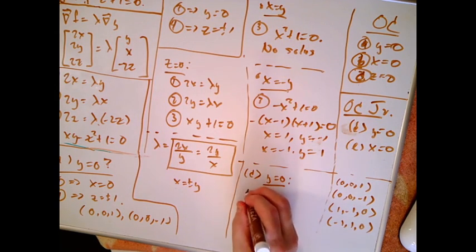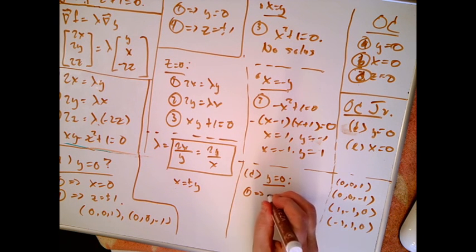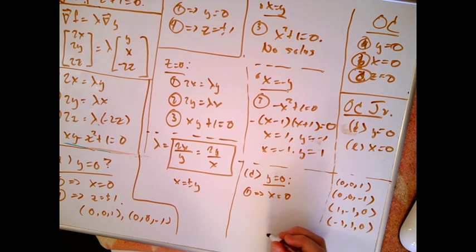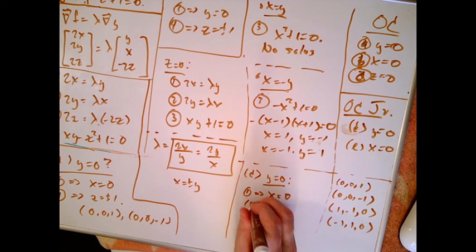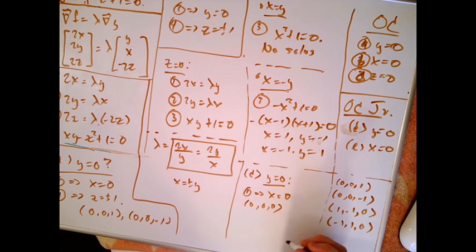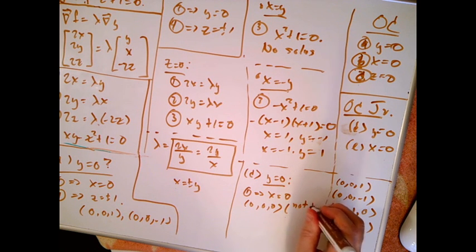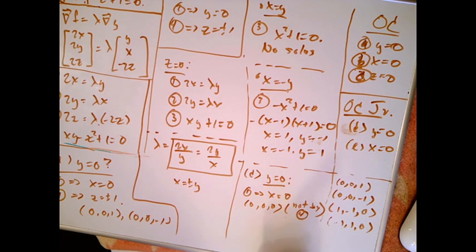If y equals 0, then equation 1 says that x equals 0. That means we're looking at the point 0, 0, 0, which doesn't work with equation 4. What does that say? That says in our mini Lagrange multiplier question, y can't be 0. So we'll cross it off.